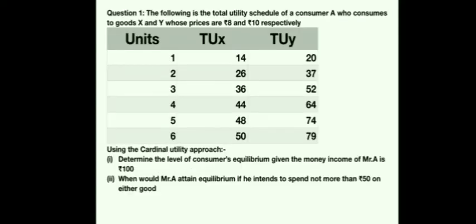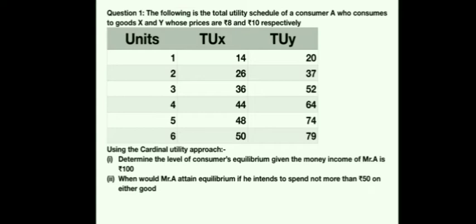Now let us go to the second question. See, here we are given the total utility schedule of two goods X and Y of a consumer Mr. A. The price of good X is rupees 8 and price of good Y is rupees 10. Now there are two questions. First, we'll have to determine the level of equilibrium using the cardinal utility approach.